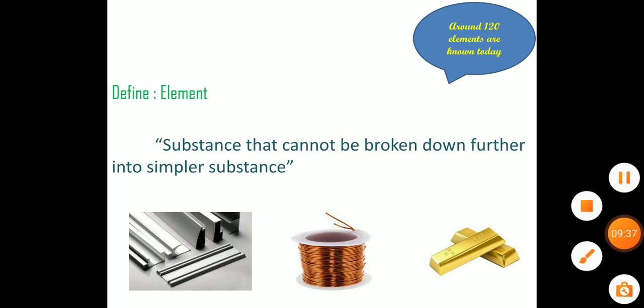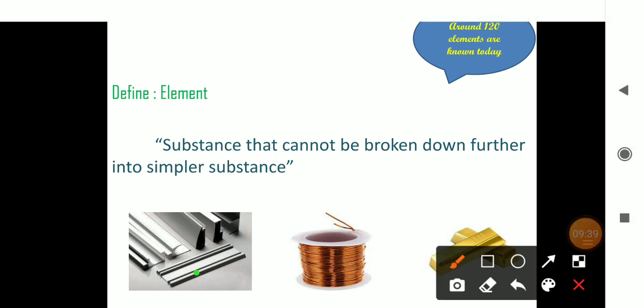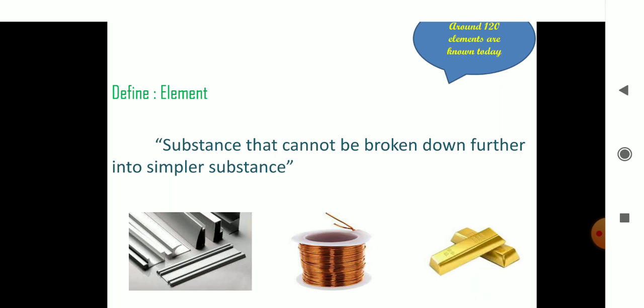Also, here there are three examples I have shown. The first picture is aluminium. The cooking utensils we have been using in our house are mostly made of aluminium. Then the second one, copper. Copper is an element. It contains a number of copper atoms. Then the third one is gold. So these are the examples I have placed for elements.